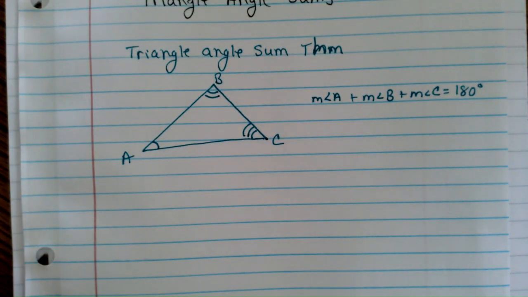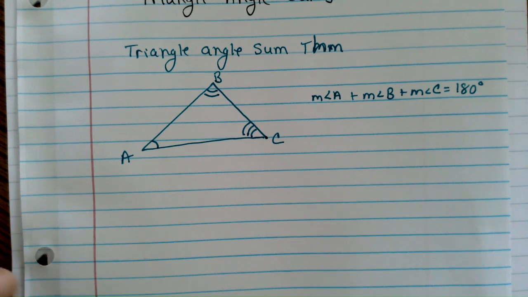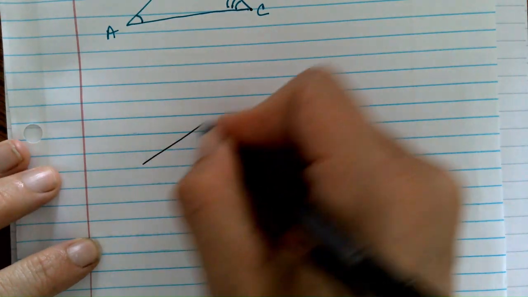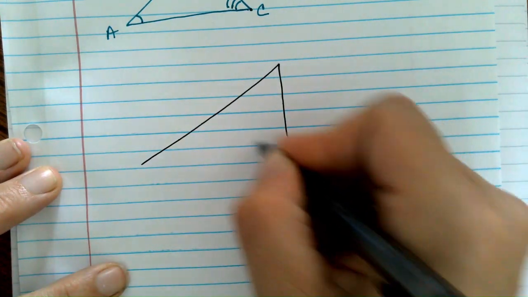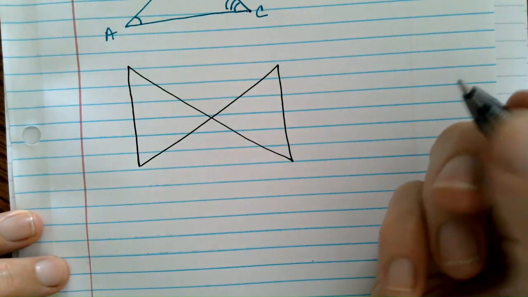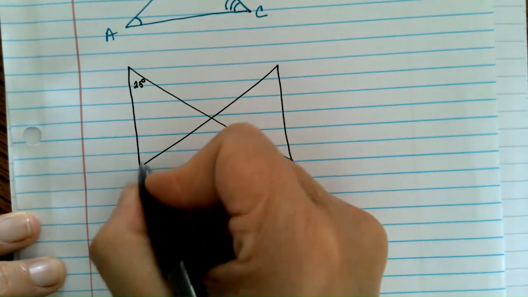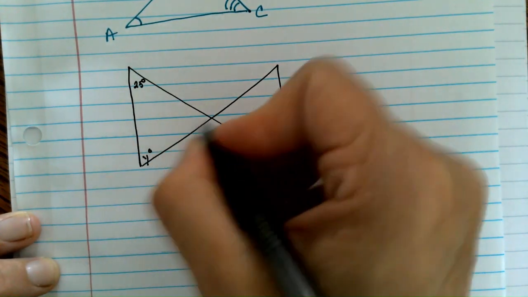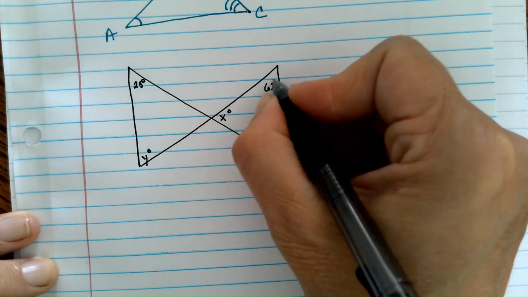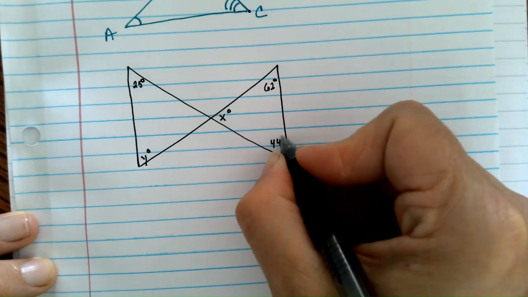So let's give you a pretty complicated little situation here. And we are going to justify anything we can come up with. All right, so 25 degrees is going to go right there. I'm going to label this y degrees, this x degrees, this 62 degrees, and this 44 degrees.